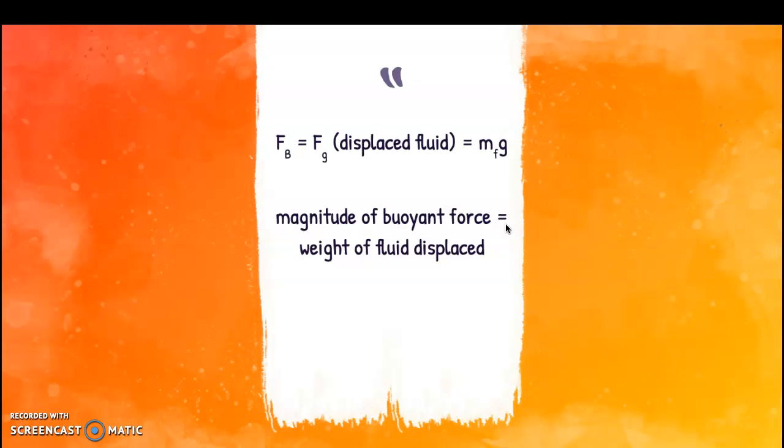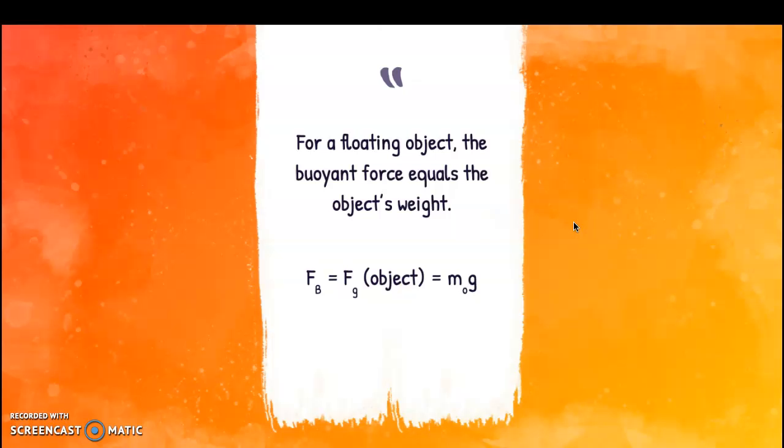The magnitude of the buoyant force equals the weight of the fluid displaced. Weight is not mass. So it equals the mass of the water times the gravity pulling downward on it. For a floating object, the buoyant force equals the object's weight.